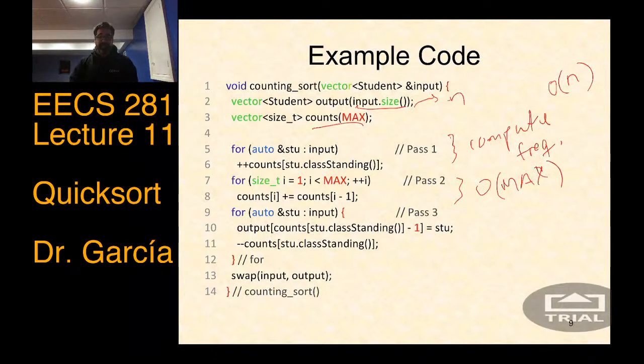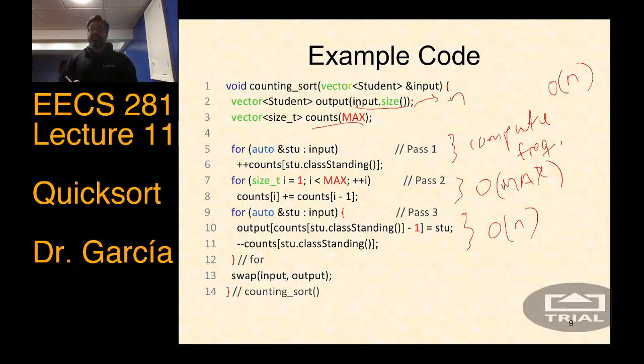And of course, again, this is an integer, and you need to make sure that it can't be millions, right? Because then that's pretty large. And then the last pass is when you actually do the copying, which is also O of n time. Okay. So we basically have a linear time algorithm for sorting in this specific context.